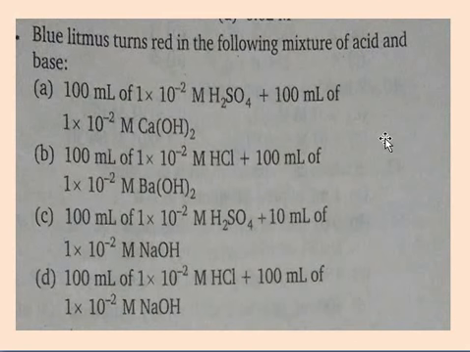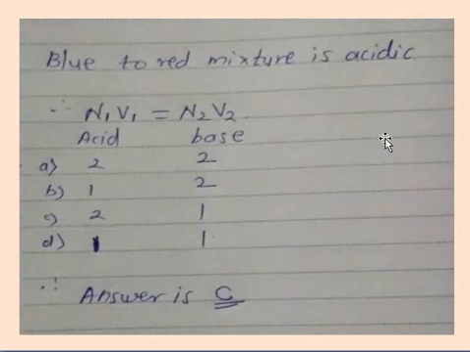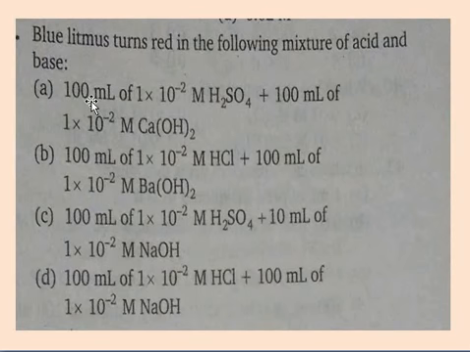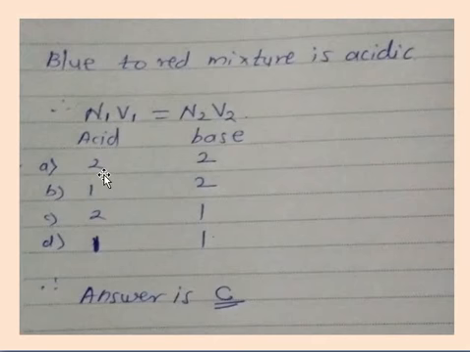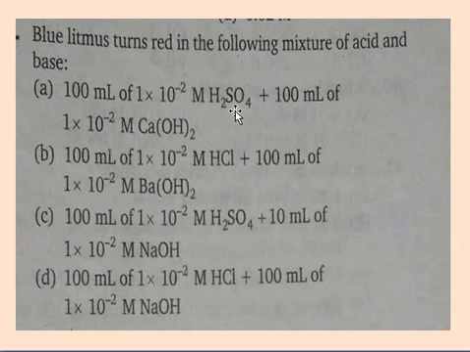Using the formula N1V1 equals N2V2, the volume and normality of the acid and base are compared. In option A, there are 100 ml and 100 ml, and their normalities are equal, 2 and 2, because H2SO4 is a dibasic acid and calcium hydroxide produces 2 OH minus ions.